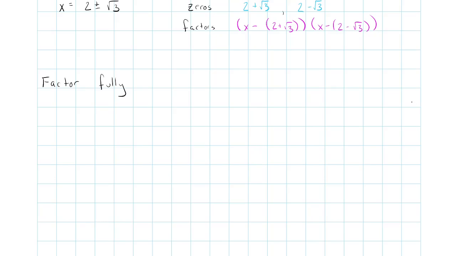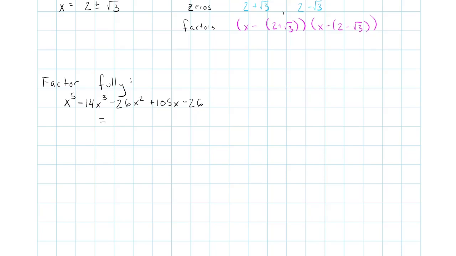So this polynomial factors fully as originally we had x to the fifth minus 14x to the third minus 26x squared plus 105x minus 26.